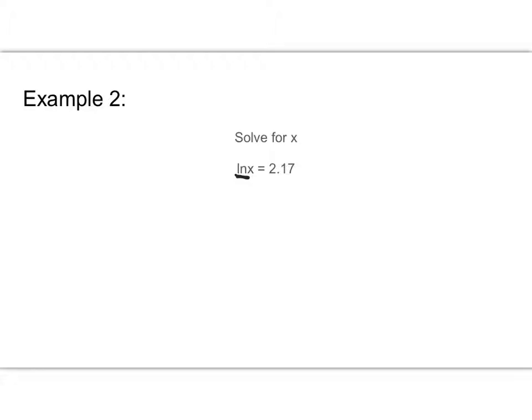I'm going to do the same thing here. I'm going to give both sides an exponential base, and the natural log is the inverse of e, so I'm going to give both sides an exponential base of e.